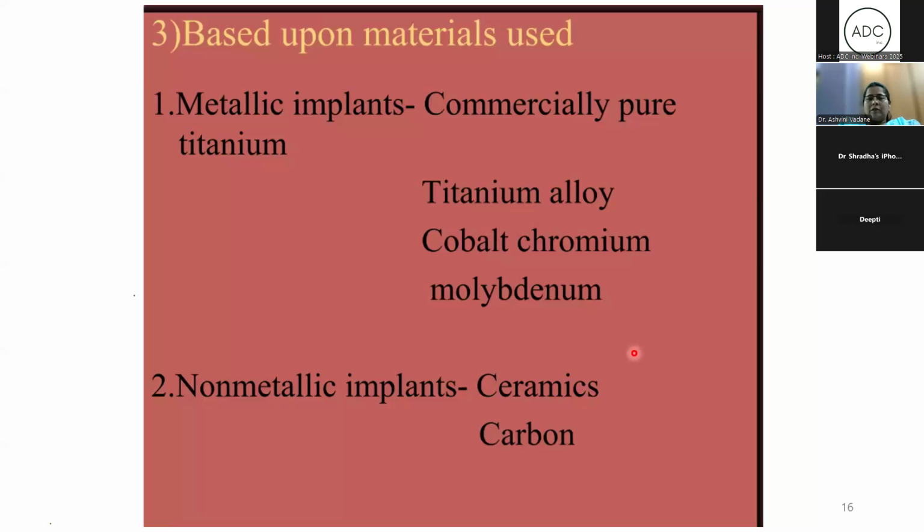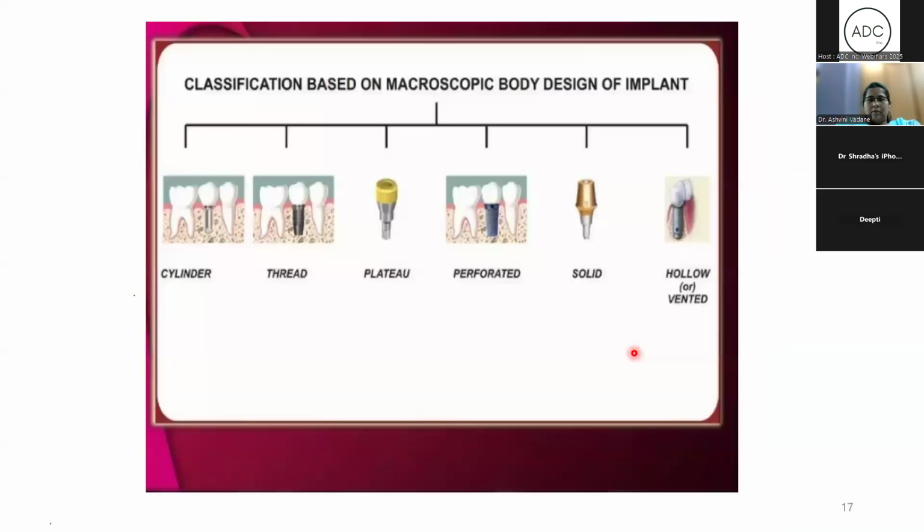So these are the various materials which can be used as a metal for creating the dental implant. So we can classify based on the materials. The first point is the metallic implants. The second one is the non-metallic implants. In that, ceramic or carbon dental implants are available.